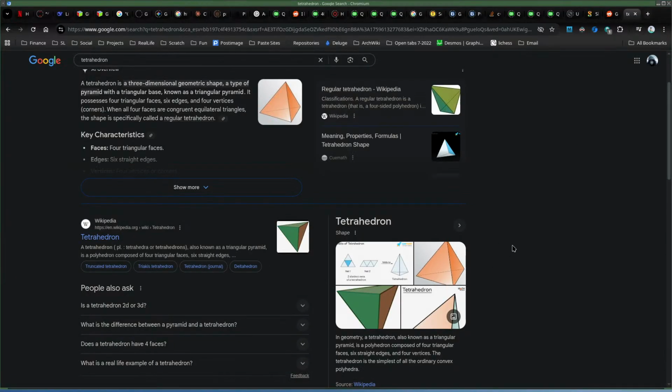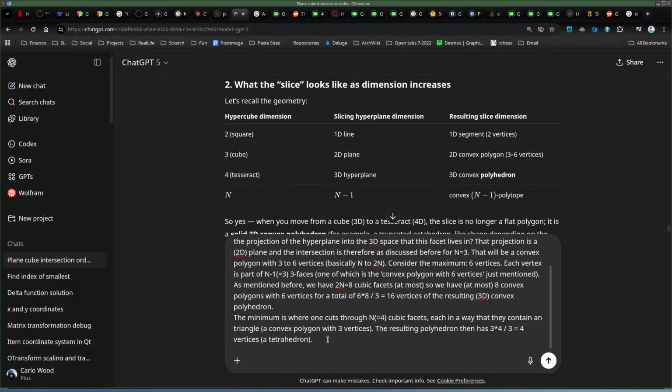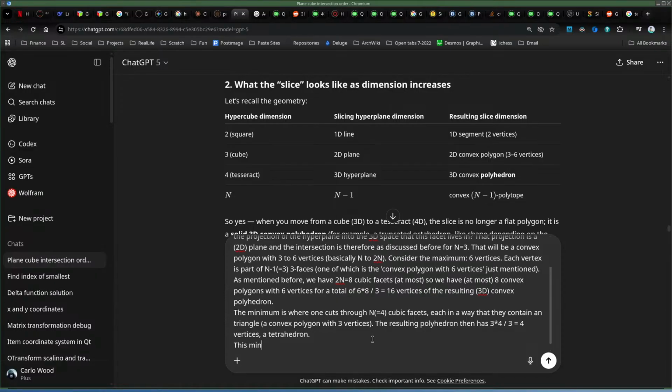Tetrahedron being this thing, right here. Okay, this minimum seems kinda trivial.